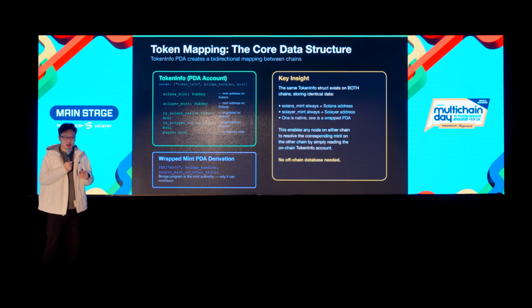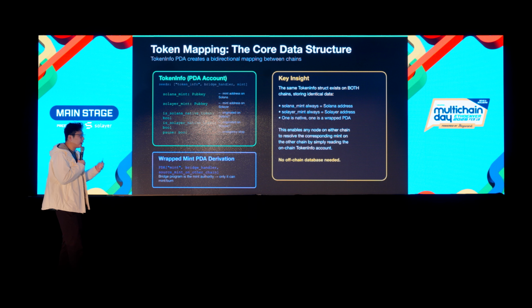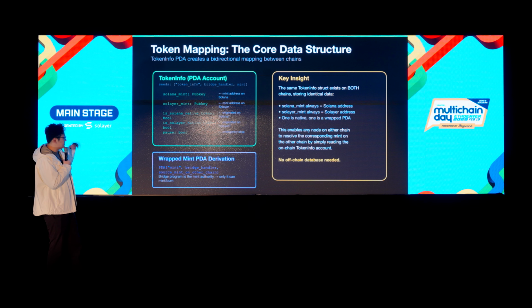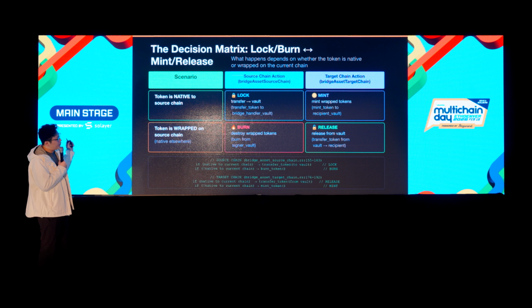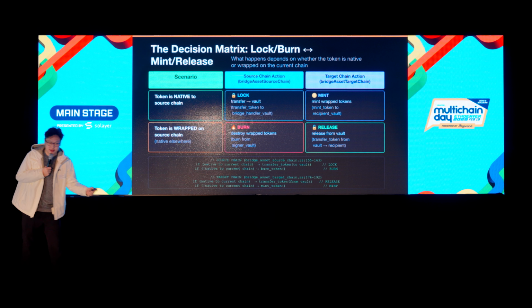So even right now, taking out my laptop and running a Python script, I'll be able to calculate where I can get this data given any 2 mints on Solana and Solayer. So if you're moving something from Solana to Solayer, the Solayer mint is also deterministically calculated, which I'll show the equation later.